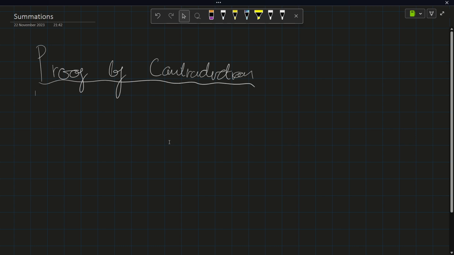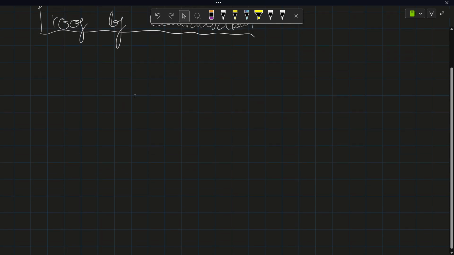Proof by contradiction follows a simple set of steps. I forgot the names. Don't judge me. It's just been a while since I've actually had to do a proof by contradiction. Step one, assume the opposite. The prime is also written poorly, but you probably get what I mean, saying if true then false, or if false then true, blah blah blah.